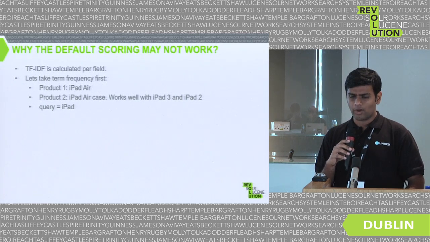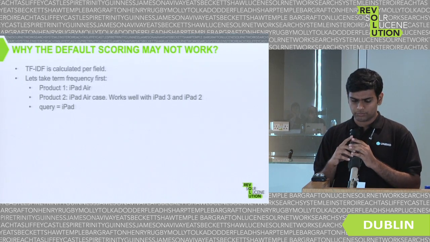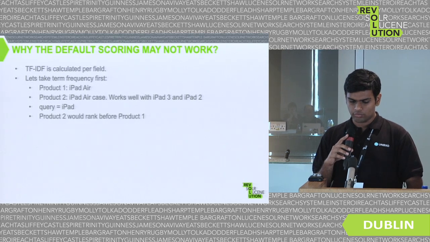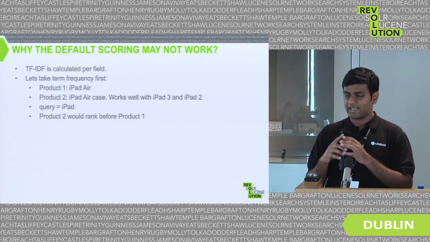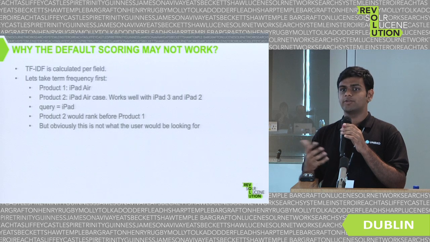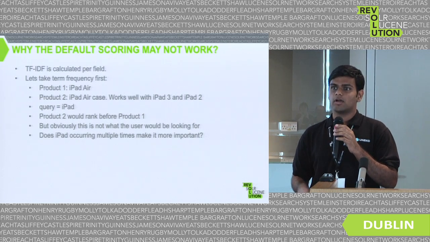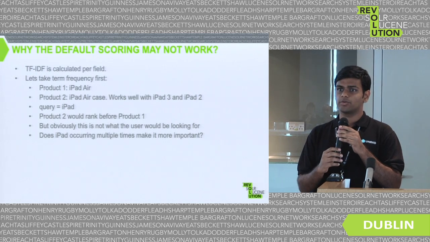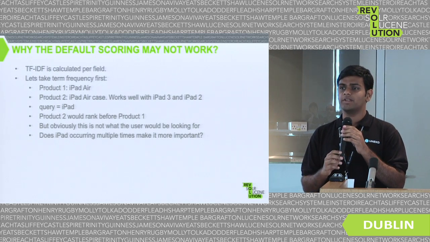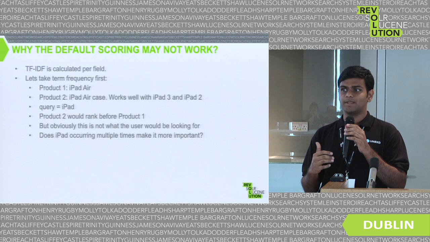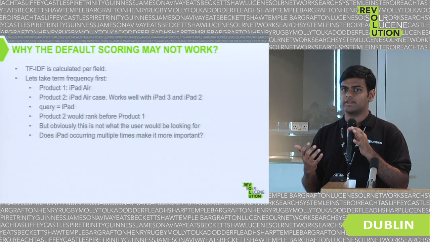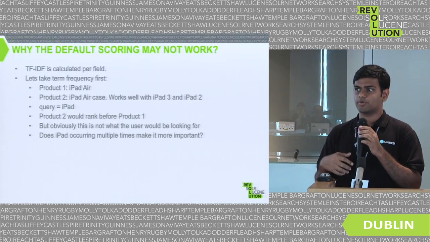So one way to do this would be you could just implement a new similarity class and make term frequency 1. Another reason why you could do something like this would be, suppose you have a merchant center where people upload products.